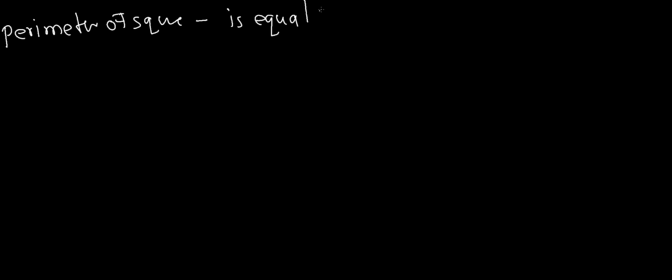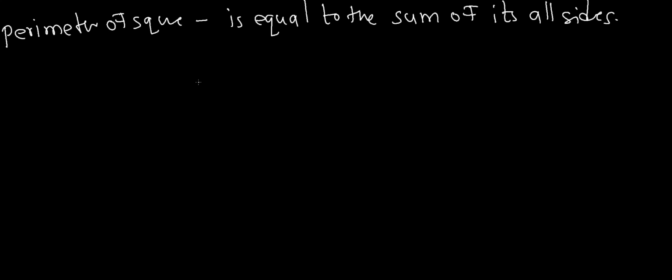Likewise, let's take one more example, perimeter of a square. As we know, perimeter of a square is equal to the sum of all its sides. So let's take one example, a square with side length of 3 units, and a square has 4 sides.